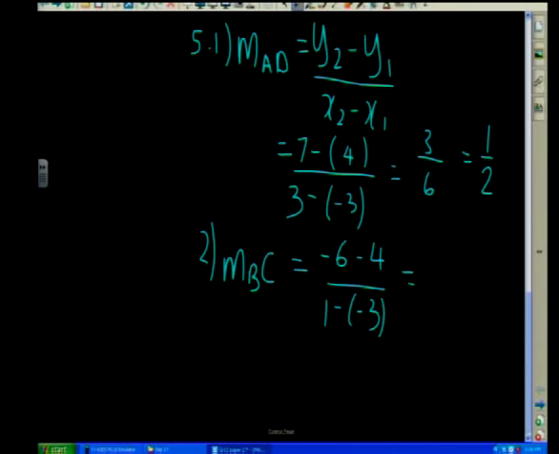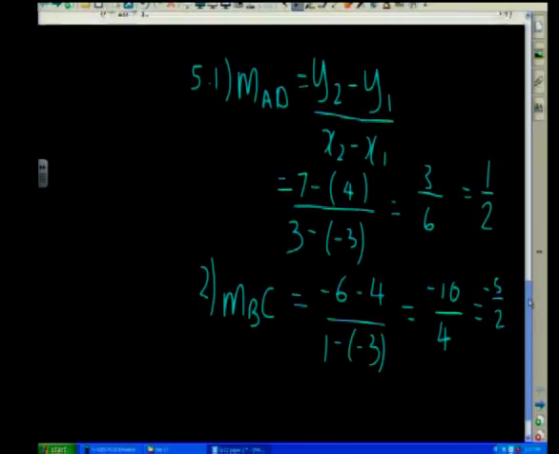Okay, so if we work that out, minus 6 minus 4 is going to give us minus 10 all over 1 minus minus 3, a minus times a minus is a plus, so it's going to give me 4 in the denominator. Minus 10 over 4 will simplify to minus 5 over 2. Okay, 2 goes into 10 5 times, 2 goes into 4 twice. So therefore the gradient of BC is minus 2.5.